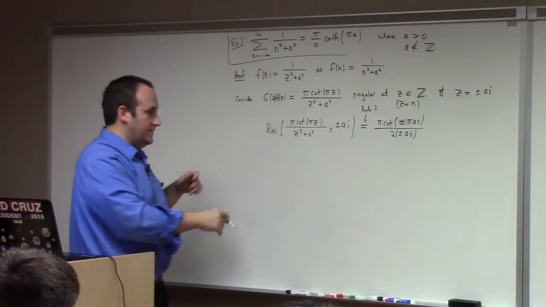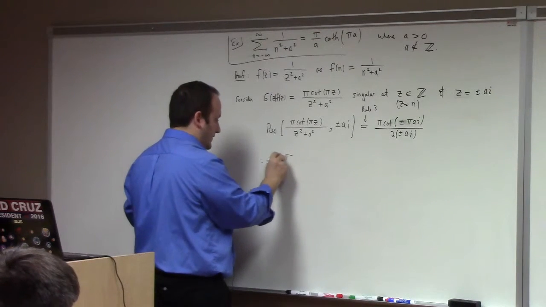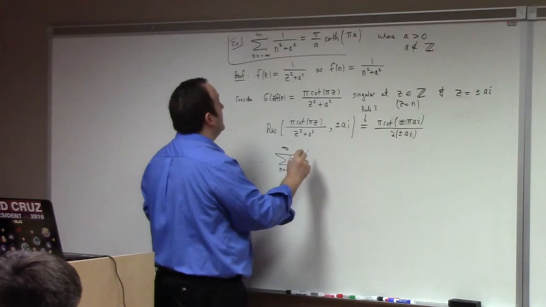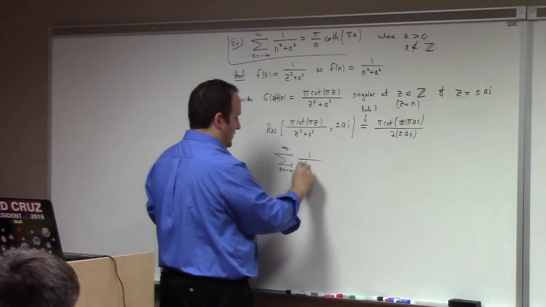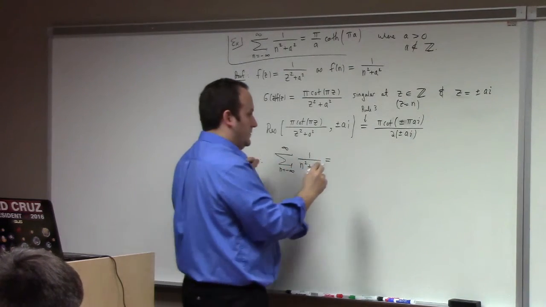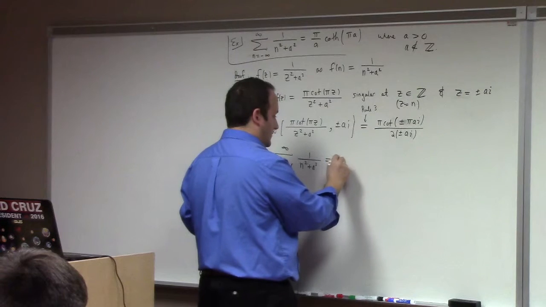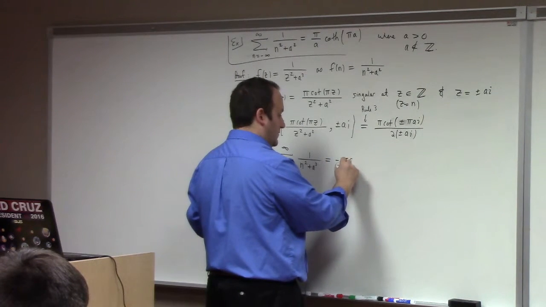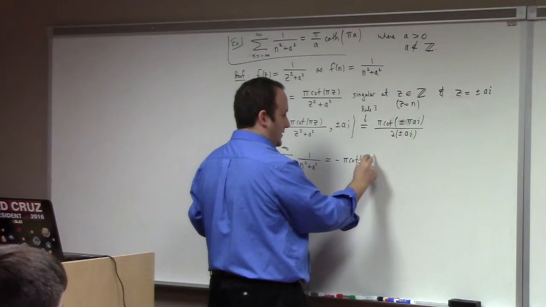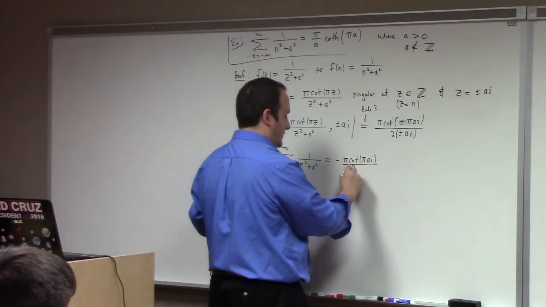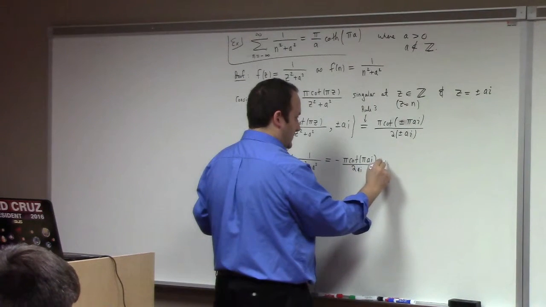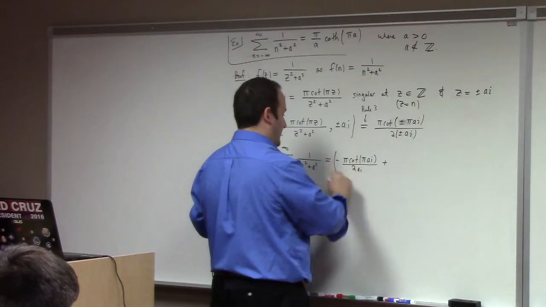And then we apply the theorem. The sum from n equals minus infinity to infinity of 1 over n squared plus a squared is equal to what? Minus pi cotangent of pi ai divided by 2ai, plus, I'll put some parentheses here.